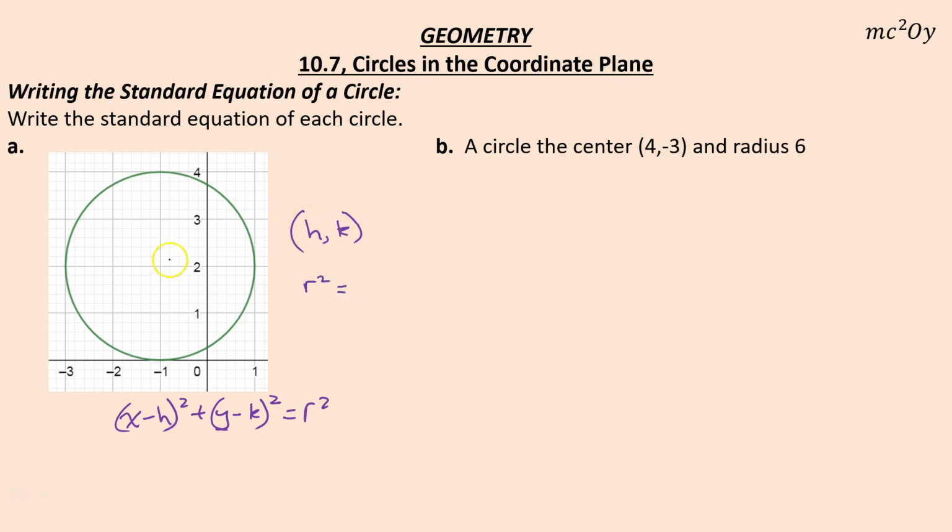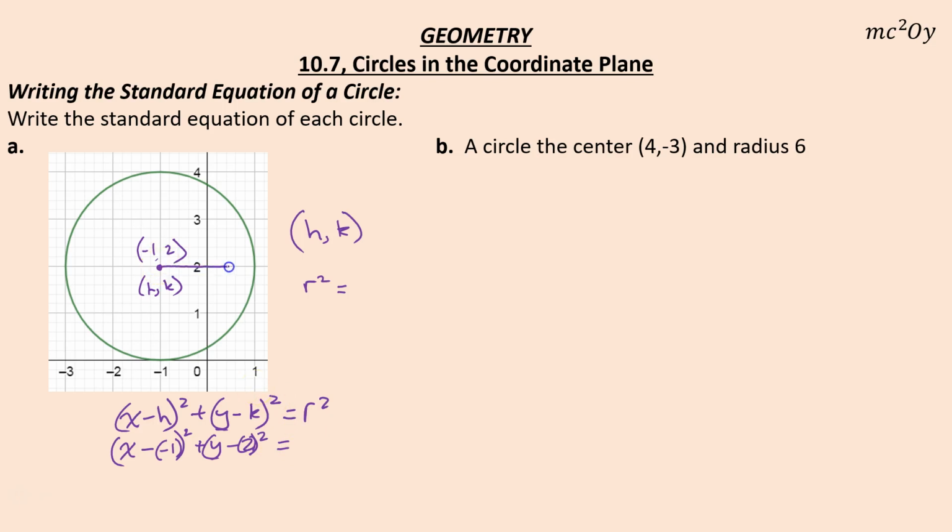Well, (h, k) is the center of the circle, and in this case that is (negative 1, 2). So I can substitute that in: x minus negative 1, plus y minus 2, equals r squared.